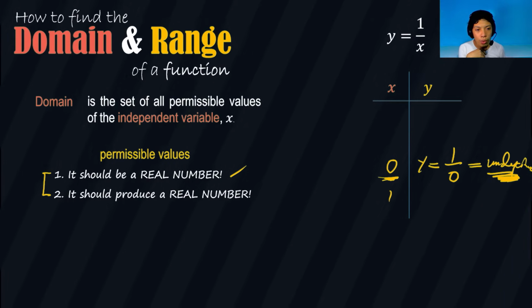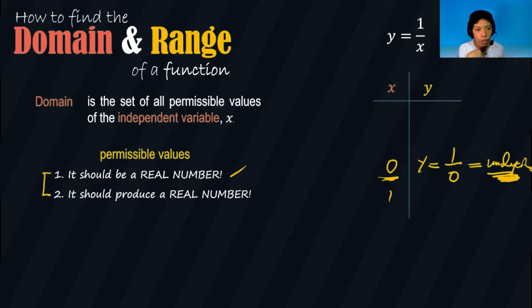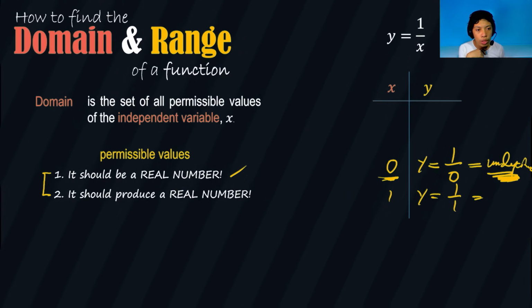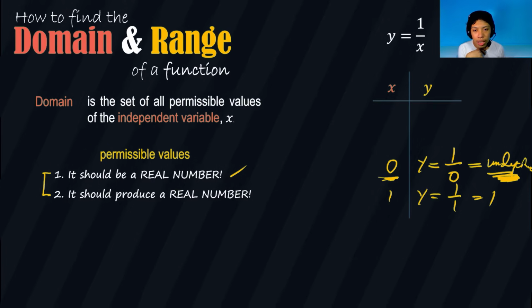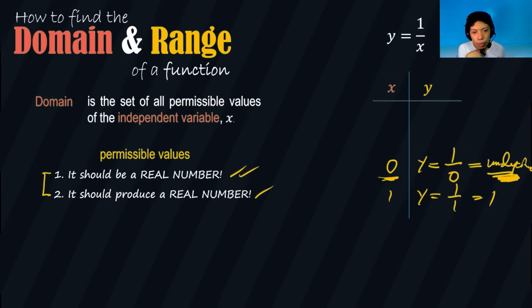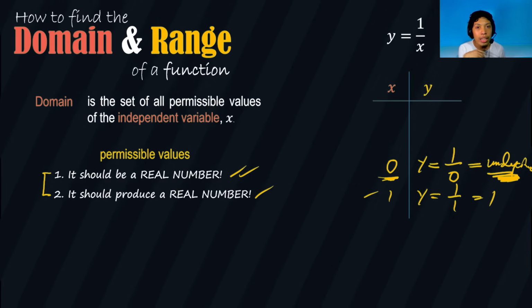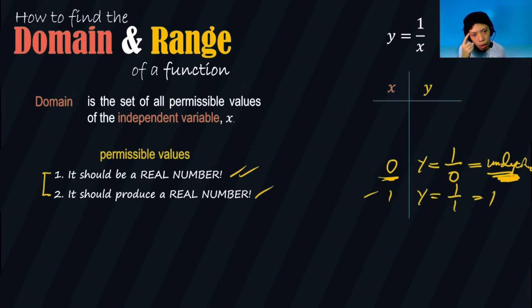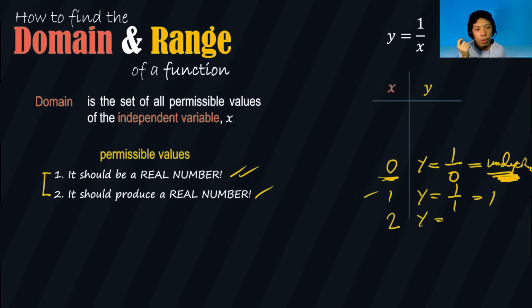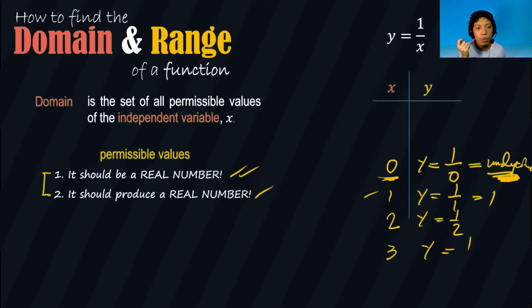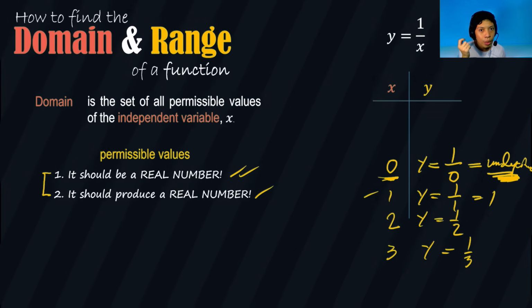Okay? So how about 1? When you substitute 1 to your equation, y is equal to 1 over 1. The result is 1. Okay? Yes, it is a real number and it produced a real number. So 1 is an element of the domain. How about 2? Y is equal to 1/2. How about 3? Y is equal to 1/3. Now, can you see the pattern?